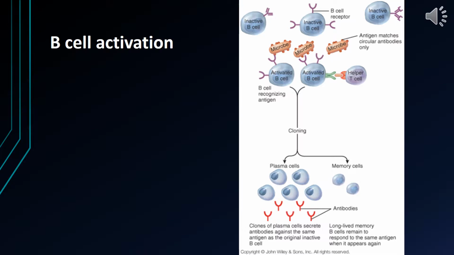Once these B cells are activated, they clone themselves, producing either plasma cells or memory cells. The plasma cells then secrete antibodies against that specific antigen which activated the original B cell. The memory cells are the long-lived cells which remain in the body for years, so that if the same antigen invades, it can quickly be destroyed before it causes us any harm.